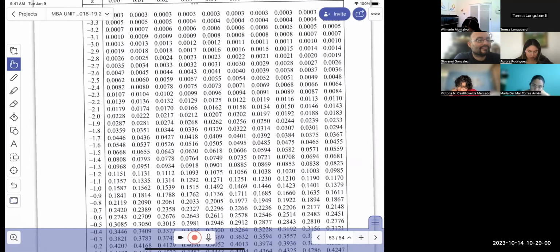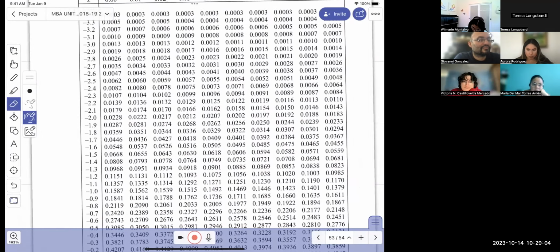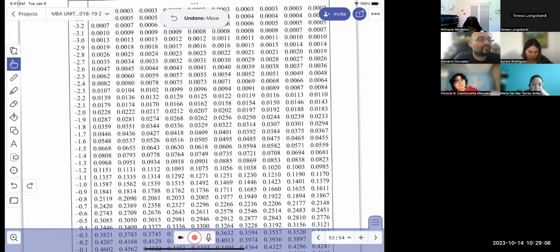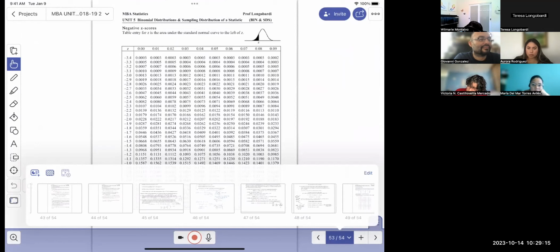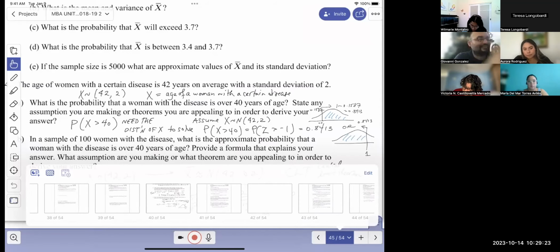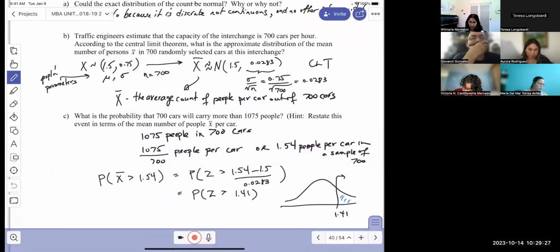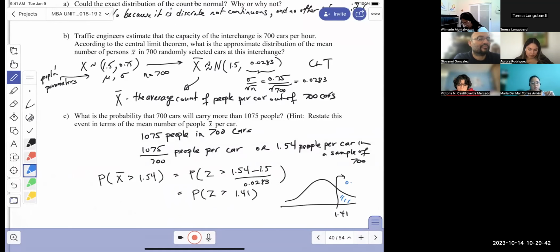Great. Anyway, you see it. Right, and when you make a picture, you can also verify that it makes sense.